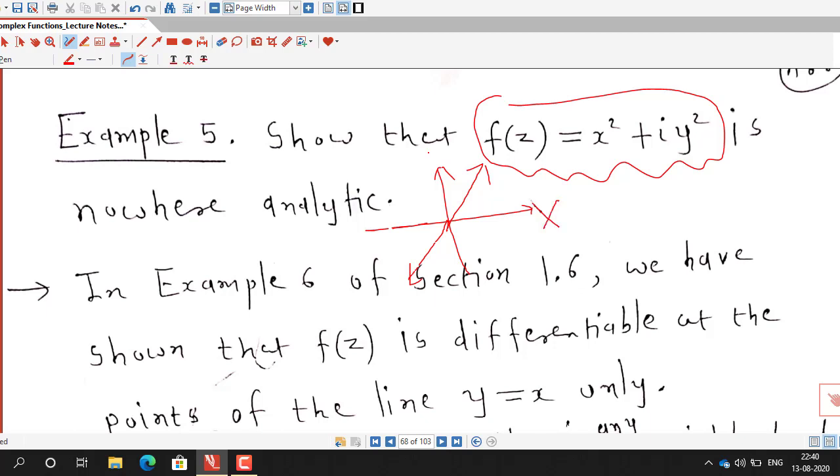This is the x axis, this is the y axis, and this is the line y equal to x.